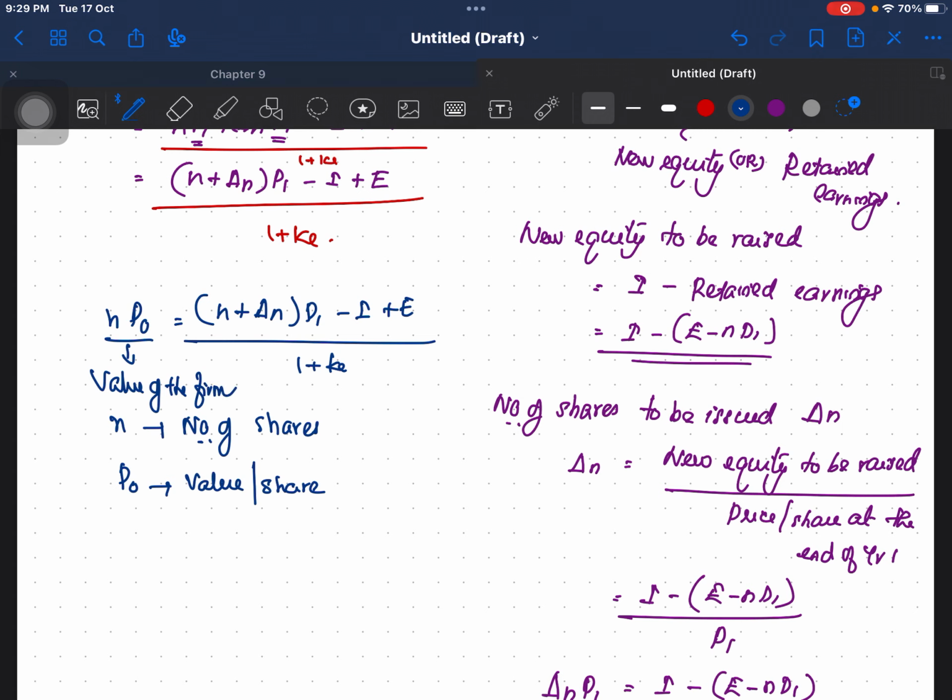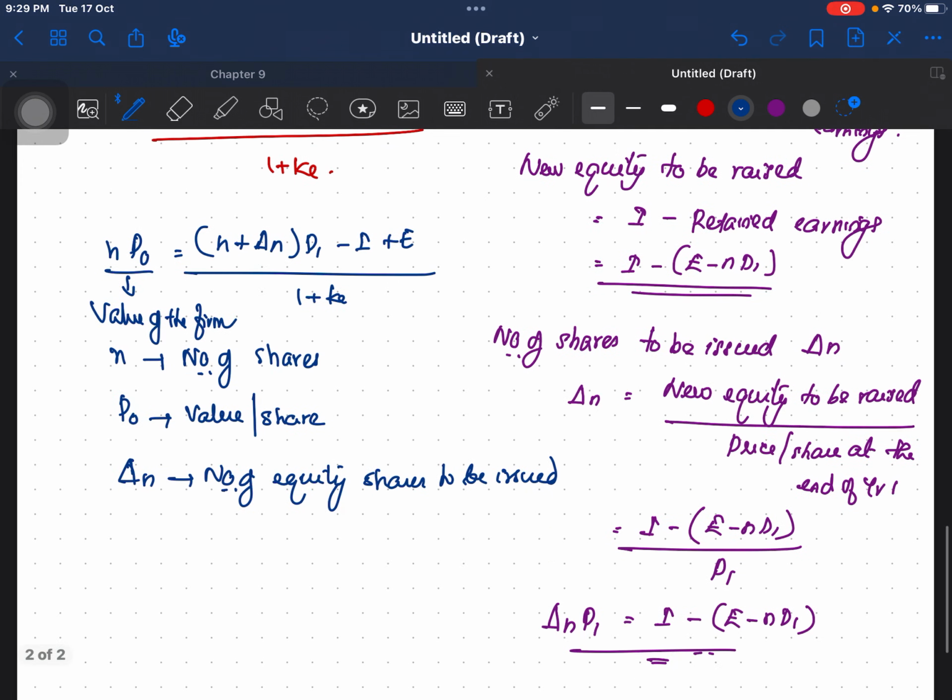Delta n is the number of equity shares to be issued, that is equal to I minus E minus nD1 divided by P1.